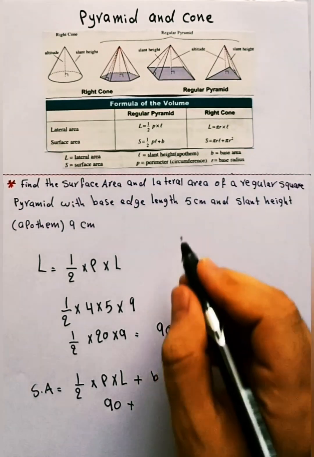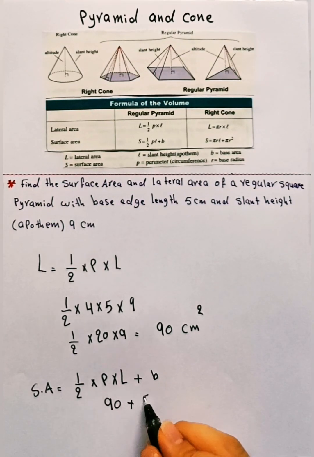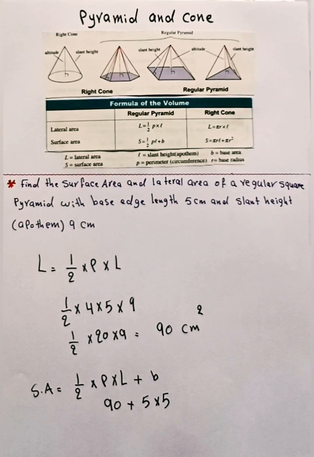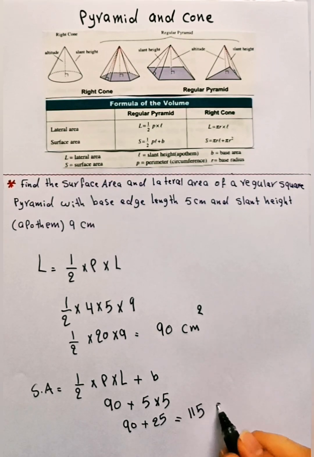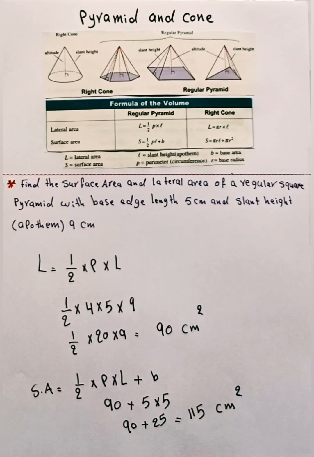The length of each side is 5, so 5 multiplied by 5, because the base is a square. So 5 times 5 equals 25. 90 plus 25 equals 115 centimeter square.